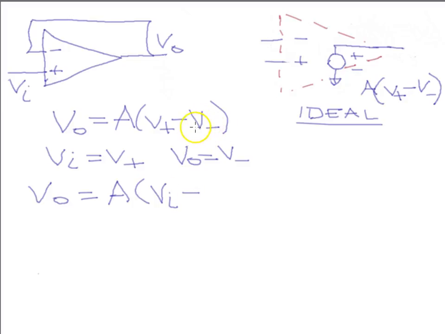And the second substitution is for V minus, and what we have shown is V minus is the same as the output voltage, so substitute in the output voltage. Now I want to gather terms, so let's put the output voltages on the left and the input voltage on the right.